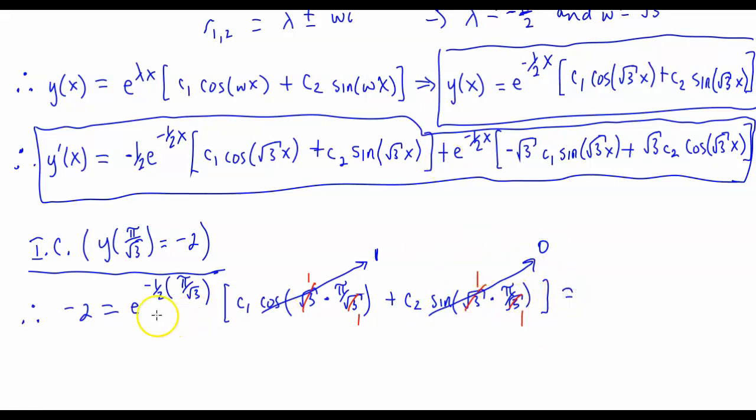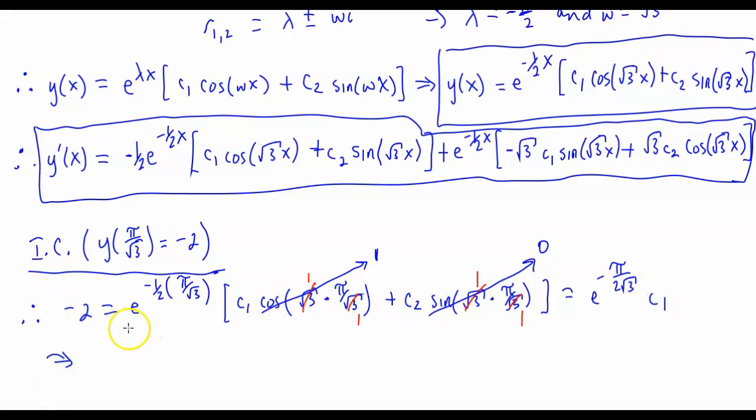So when I do that, what I have over here is just e raised to the -pi divided by 2 times square root of 3. And I'm just going to leave it that way for now. And over here, I just have C1 plus 0. So that's just C1 here.